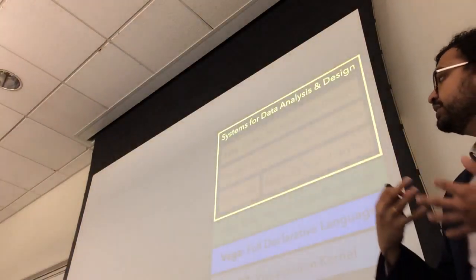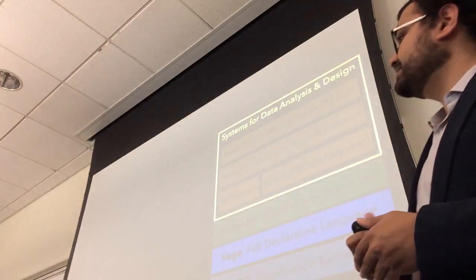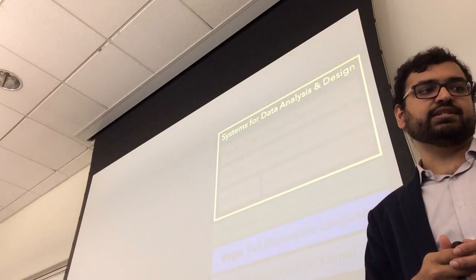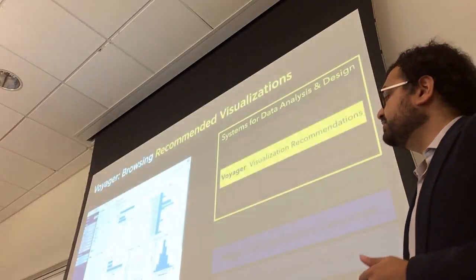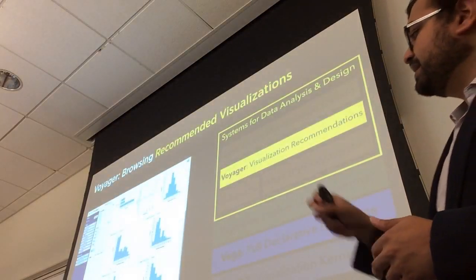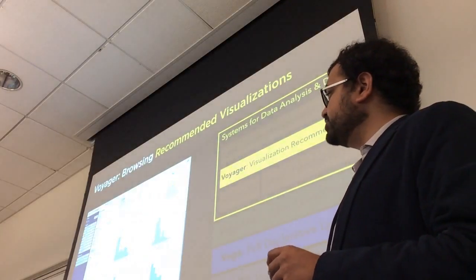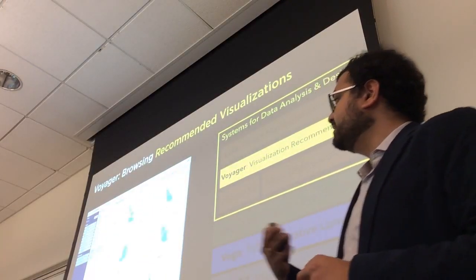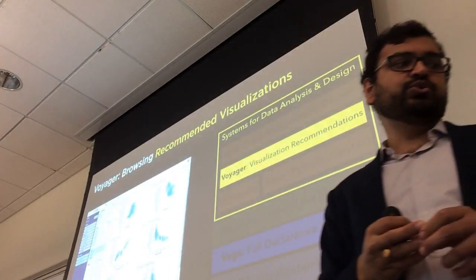And this notion of being able to systematically enumerate the design space has already been useful in these higher level systems for analysis and design. So my colleagues at the University of Washington Interactive Data Lab have been building a system called Voyager to recommend visualizations to data analysts.